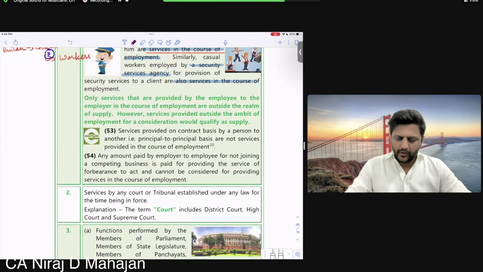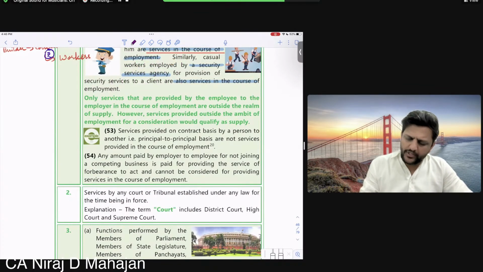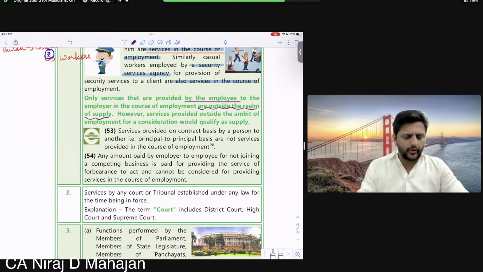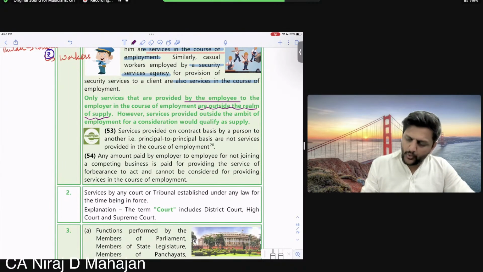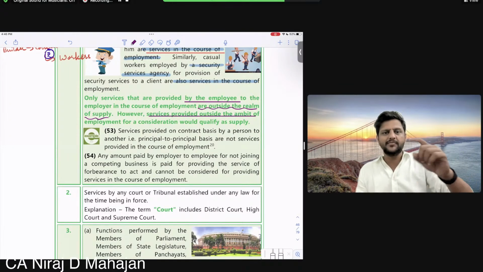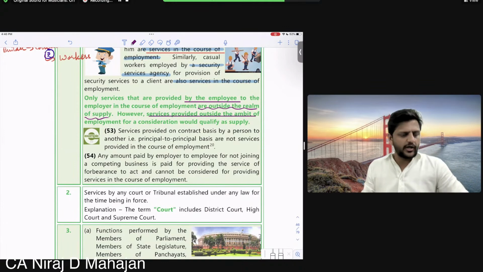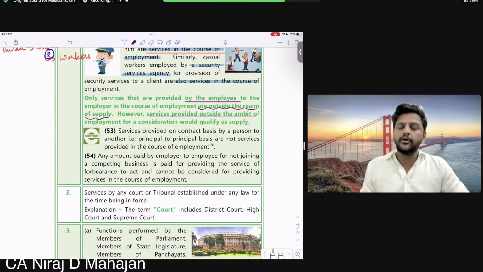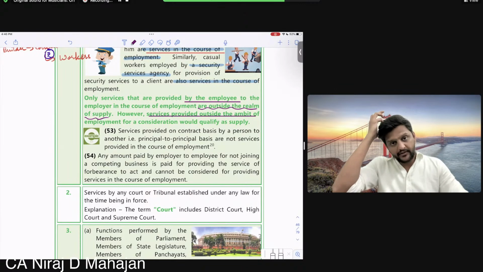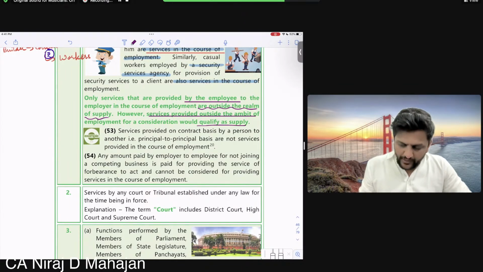Only services that are provided by the employee to the employer in the course of employment are outside the scope of supply. However, services provided outside the scope of employment, that means something over and above and extra compared to the contract of employment, are part of supply.